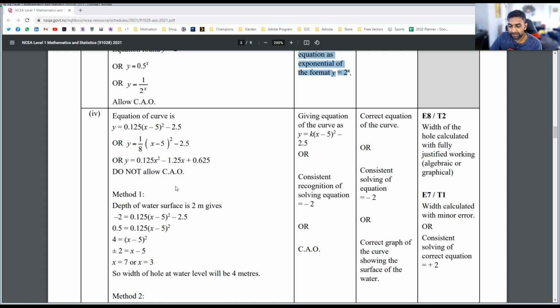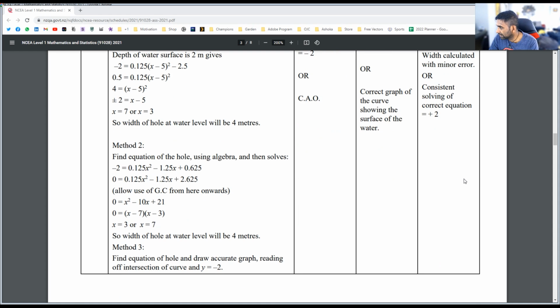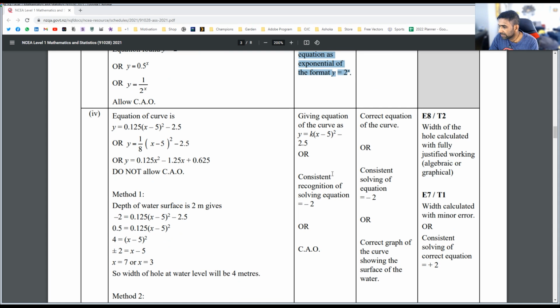Keep in mind that you want to be trying to show some sort of algebraic working as well. So as you can see, there are lots of things happening in this question. You could get an Achieved just for writing your basic.